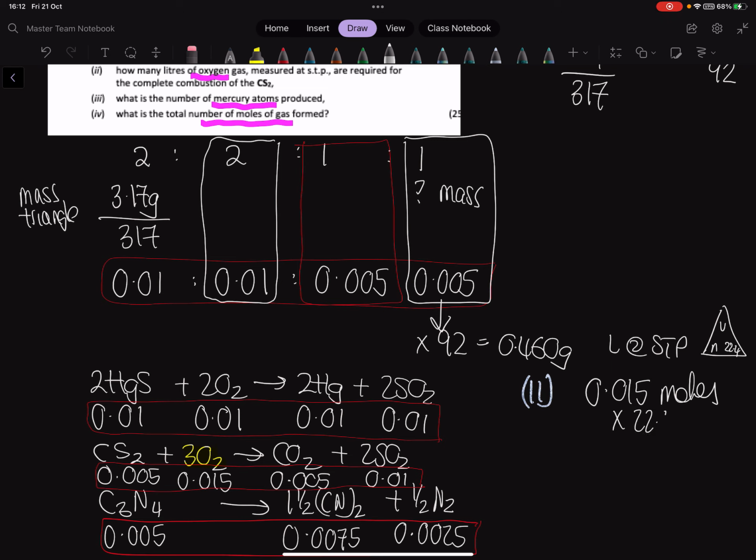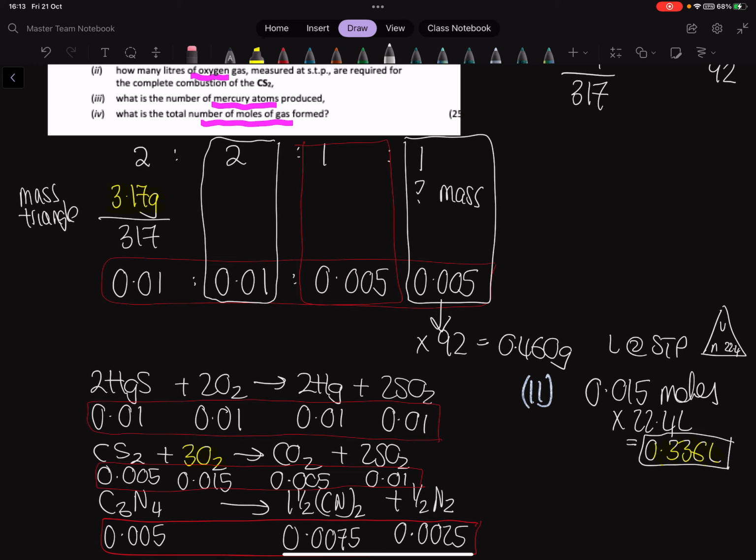So all we need to do is multiply this by 22.4 litres and we are getting an answer of 0.336 litres. Final answer. There are, just so you are aware, 3 significant figures in our question over here where we started, so this can now also be in significant figures here.